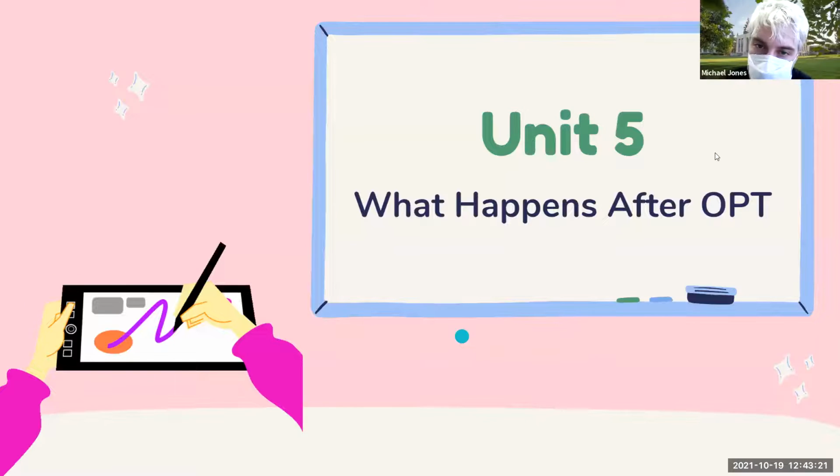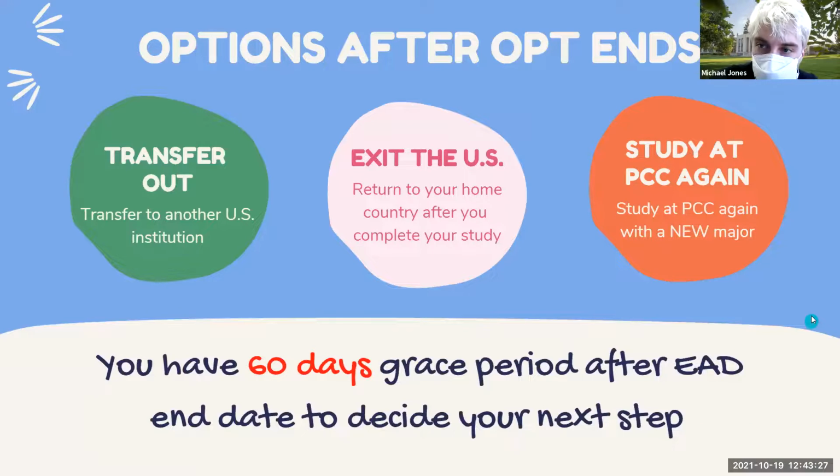Okay, Unit 5, what happens after OPT? So after OPT, you have a few options. The first option is to transfer out to another US school. So say you're going to transfer to get your bachelor's, or maybe you're able to go get your master's, or go to an art school.